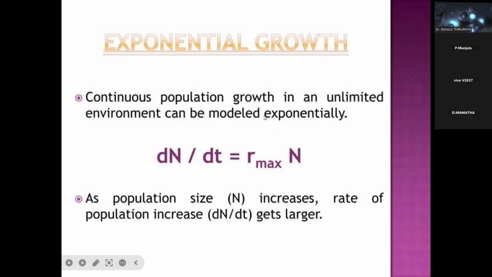Continuous population growth in an unlimited environment can be modeled as dN/dt = r_max N. Here, as the population size N increases, the rate of population increase also increases. So they are directly proportional.